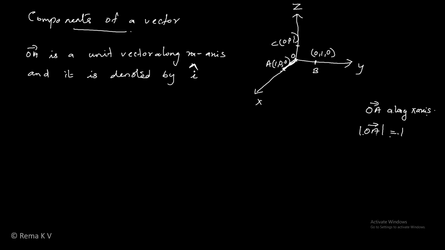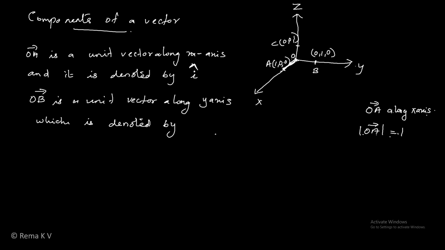Similarly, OB is a unit vector along the y-axis, which is denoted by J cap, and OC is a unit vector along the z-axis, denoted by K cap.